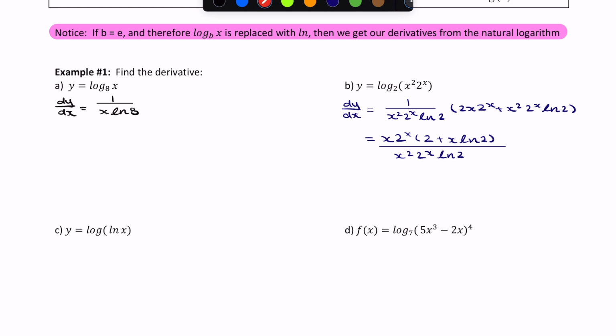And so here, we said we can simplify the x and the 2 to the power of x. And so our final answer here will be 2 plus x ln 2 over x ln 2.